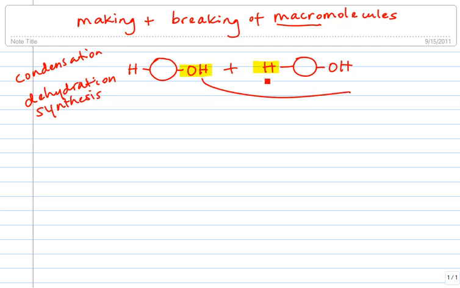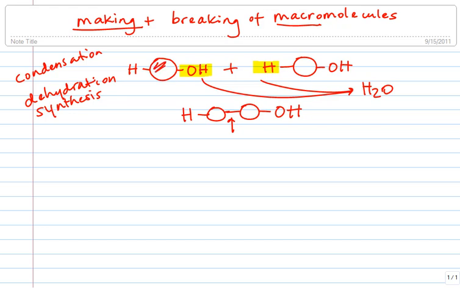So when I take away an H2O, I'm dehydrating, or I'm condensing, and so now I'm going to put these two together and I will have made this particular bond. So we're starting to make a macromolecule.